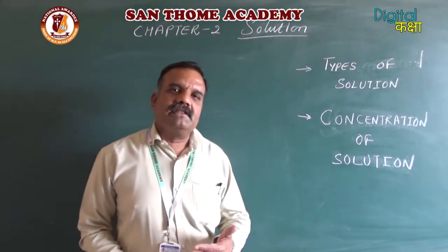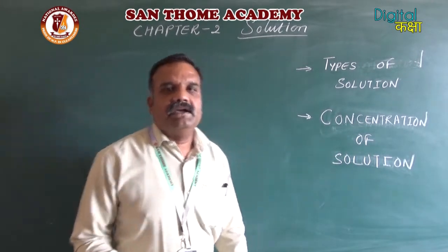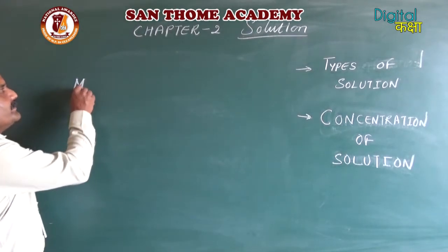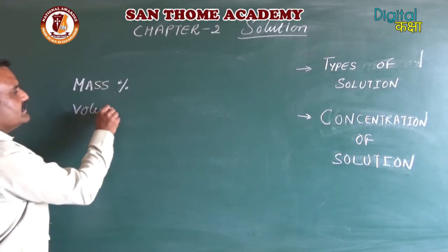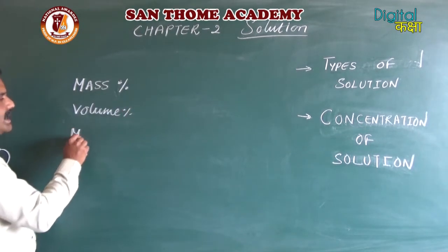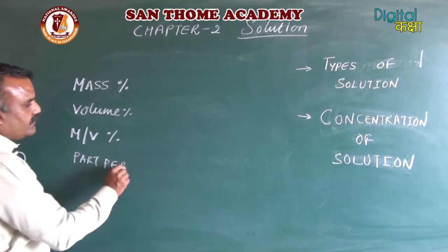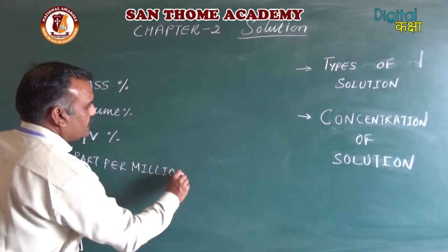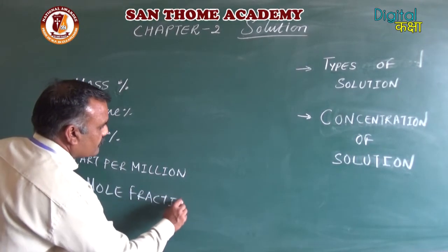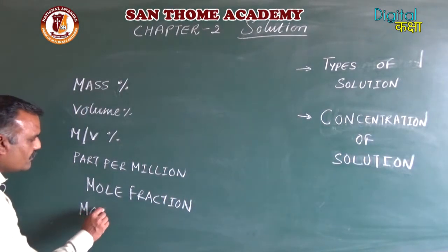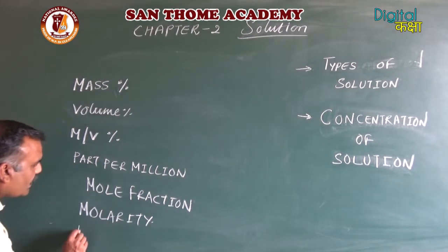But in this chapter we have to deal with quantitative concentration. Quantitatively, the concentration of the solution is expressed by mass by mass percentage, volume percentage, mass by volume percentage, parts per million, mole fraction, molarity, and the last, molality.